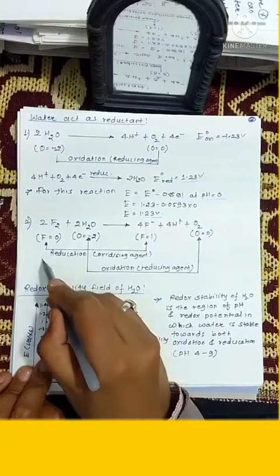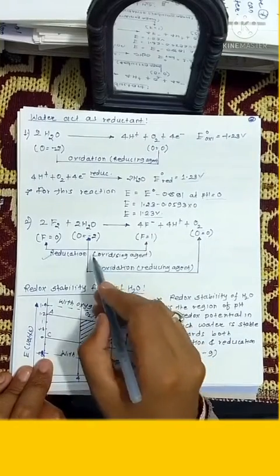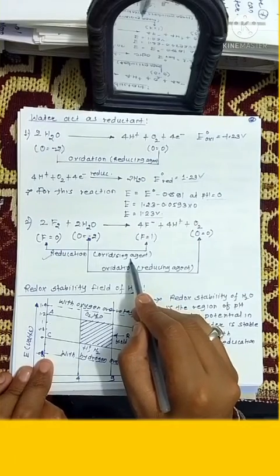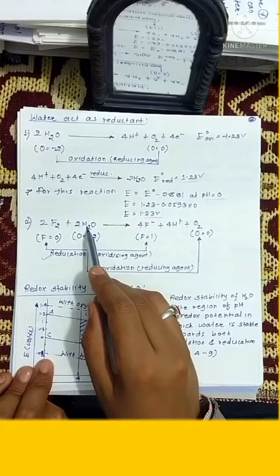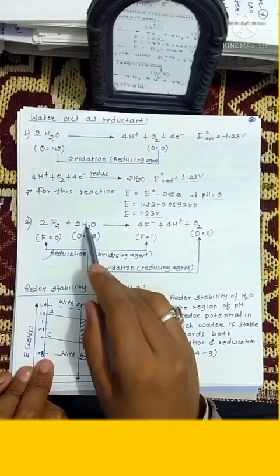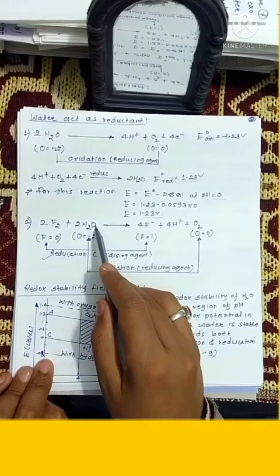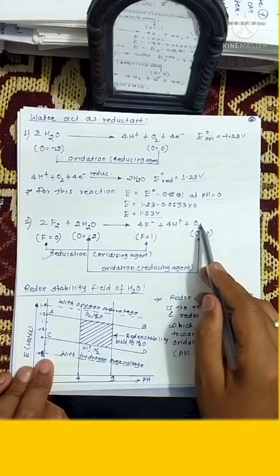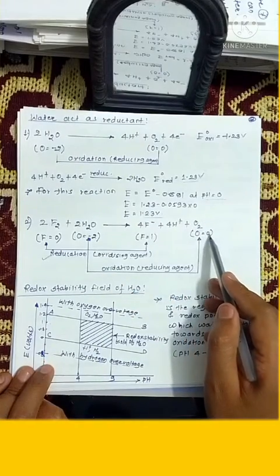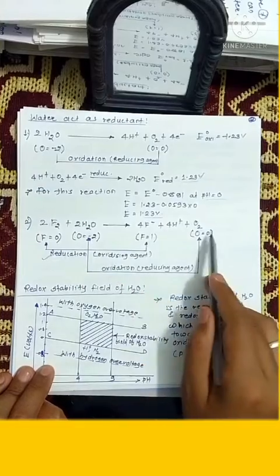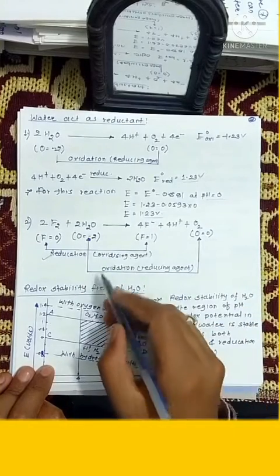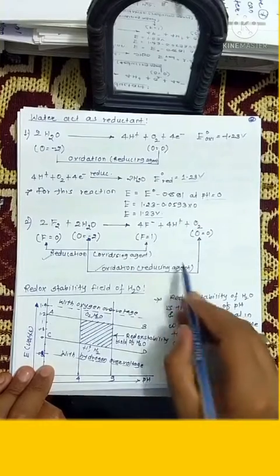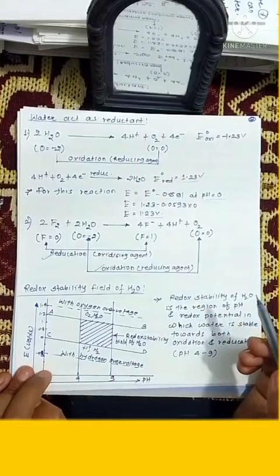That's why it is known as a reduction reaction, and this species is the oxidizing agent. Now the oxidation state of oxygen in water is -2, and in the product the oxidation state of oxygen is 0. So this happens due to the loss of 2 electrons. That's why loss of electron is known as oxidation, and water acts as a reducing agent.